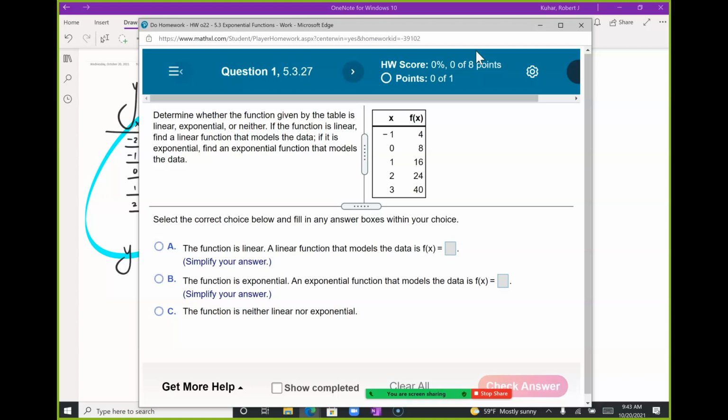Looking from 4 to 8, I could be adding 4, but then am I adding 4 to get from 8 to 16? No. So from 4 to 8 could be multiplying by 2. 8 times 2 is 16. Is 16 times 2 24? No. So it looks like we don't have a linear or an exponential here.